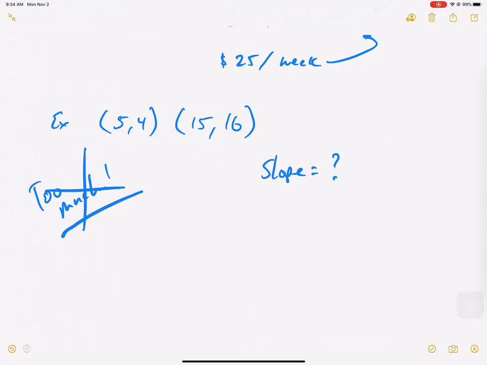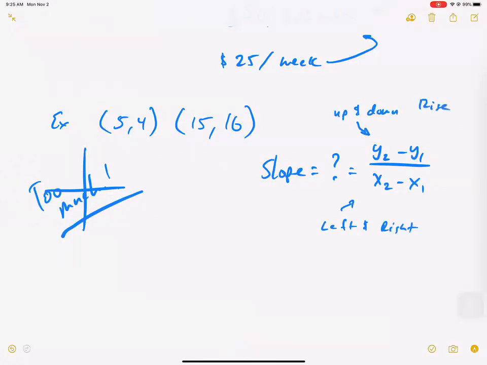And we have a formula for that. Slope is y2 minus y1 over x2 minus x1. What this refers to, y is going up and down, and x is left and right, which is our rise over run.